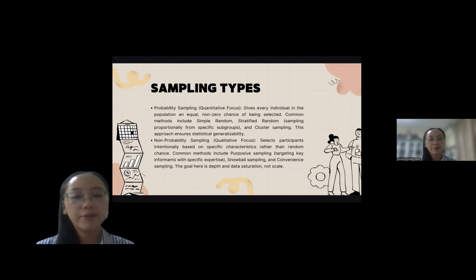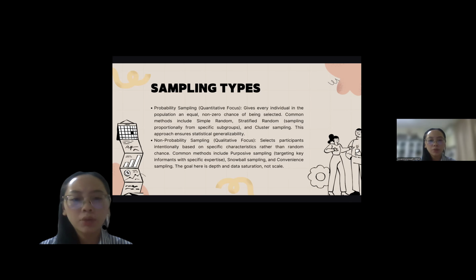On the other hand, non-probability sampling is qualitative focused. You select participants intentionally based on specific characteristics rather than random chance. You already know what kind of characteristics you need from your sample, and you go directly to them. Common methods include purposive sampling, targeting key informants with specific expertise, snowball sampling, and convenience sampling.